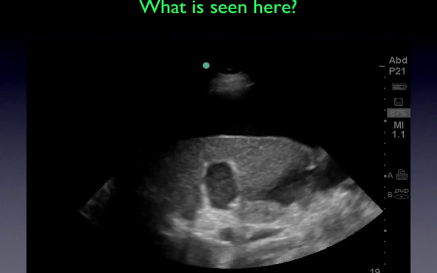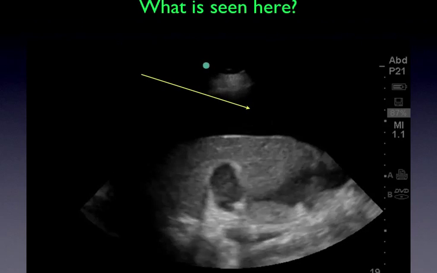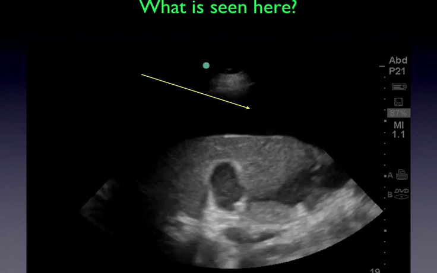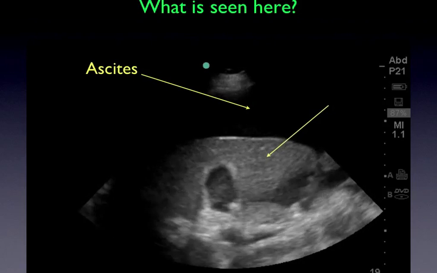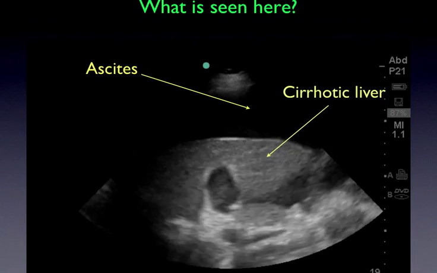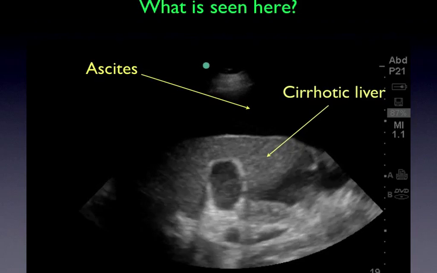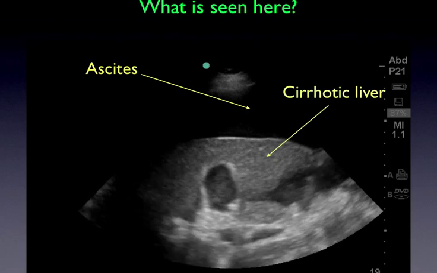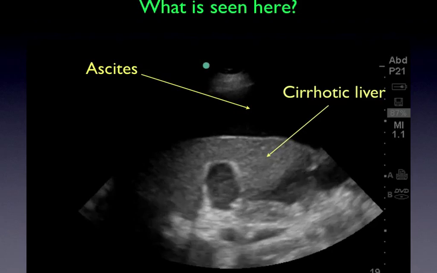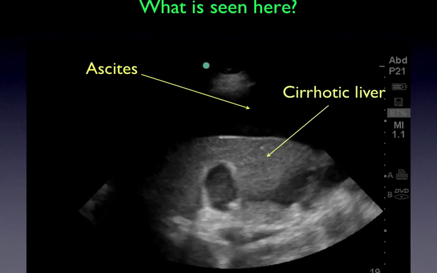What's seen here on this clip? What's at the tip of the arrow here? Right, that's ascites. And over here, very good, that's a cirrhotic liver. And you can see it's not just a liver, but it's contracted, it's hyperechoic, and virtually no vasculature.